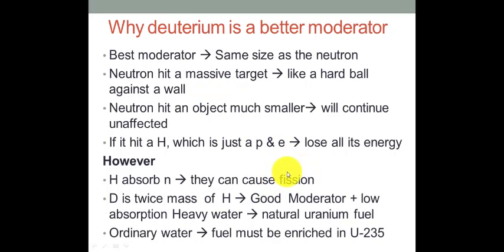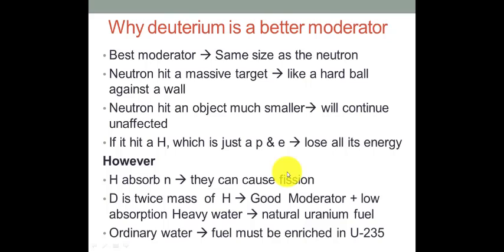The deuterium isotope provides a major advantage in this situation. Deuterium has an extra neutron. When a neutron collides with the deuterium atom, it will lose some of its energy and will be scattered. This means deuterium provides scattering cross section and normal water provides absorption cross section.